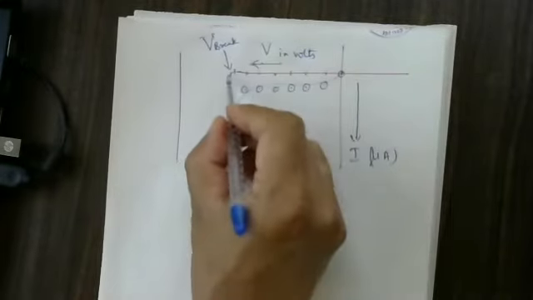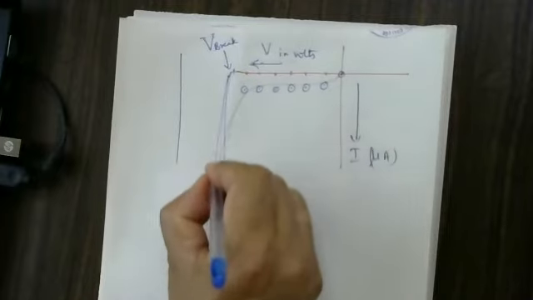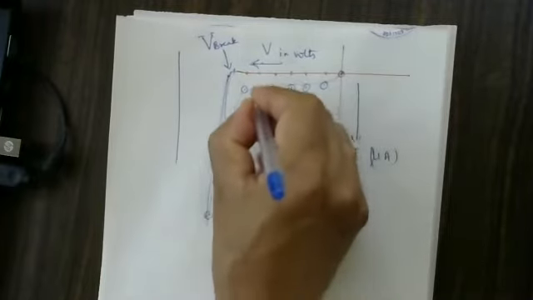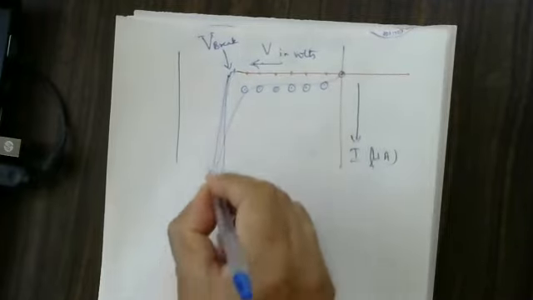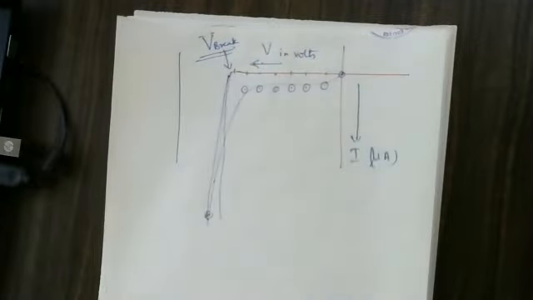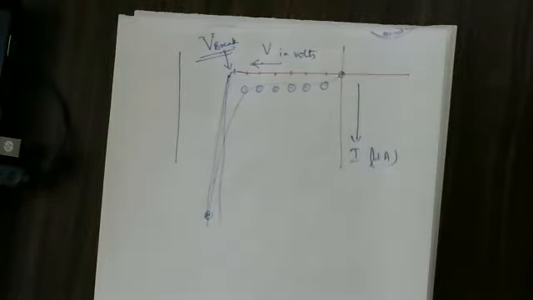The voltage at which the current flow suddenly increases is called the breakdown voltage. In the case of forward bias, it is the knee voltage. Here in reverse bias, the voltage at which the current flow suddenly increases is called the breakdown voltage.